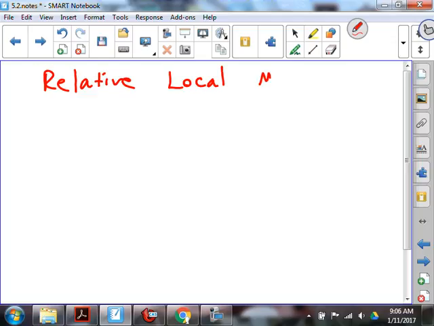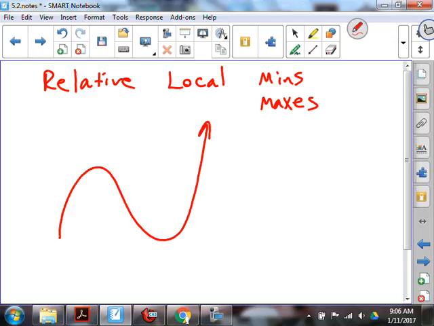Relative local mins and maxes. It's a very fancy name for these things. A relative local min is something like this thing right here. It's not an absolute minimum because the function goes up forever and it goes down forever.